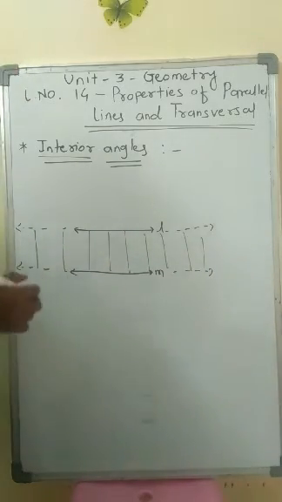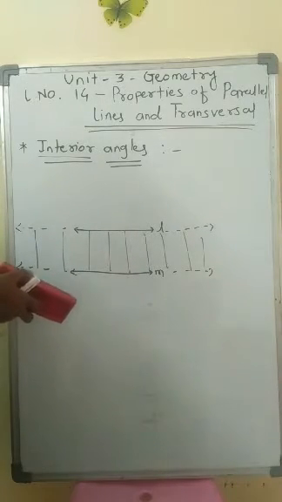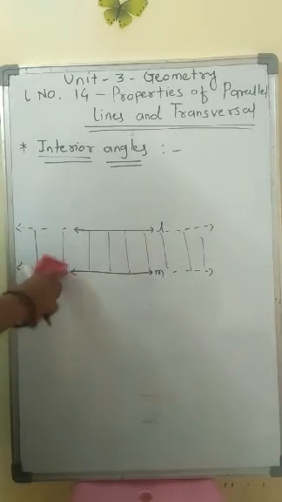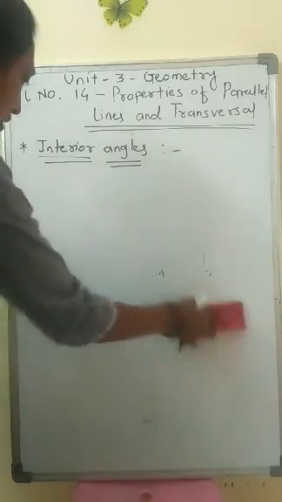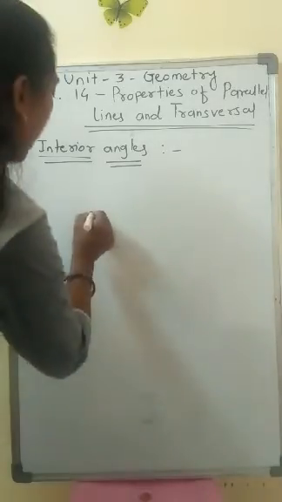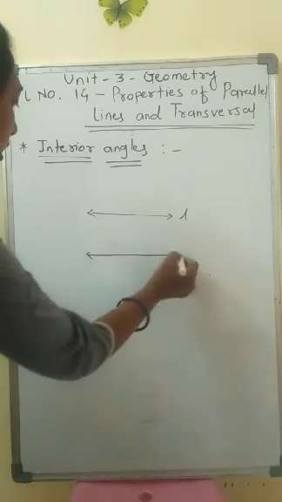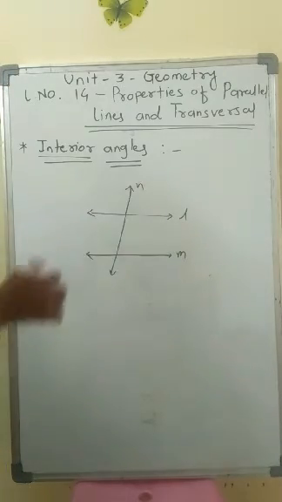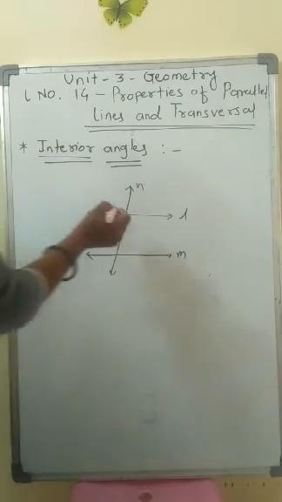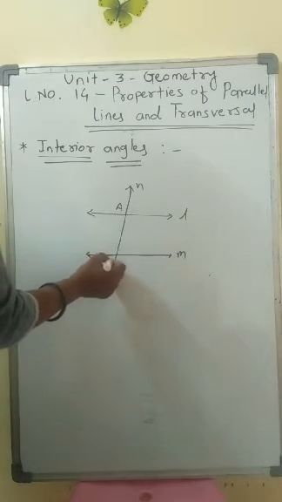It means that if two lines do not intersect each other, then those two lines are said to be parallel. Now the transversal N cuts those two parallel lines at distinct points, which we have taken here as point A and point B.